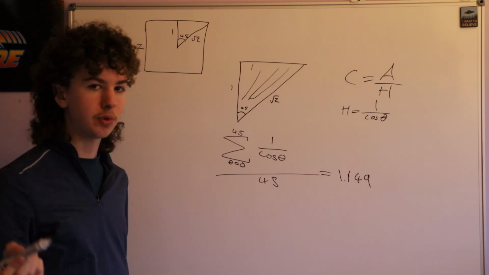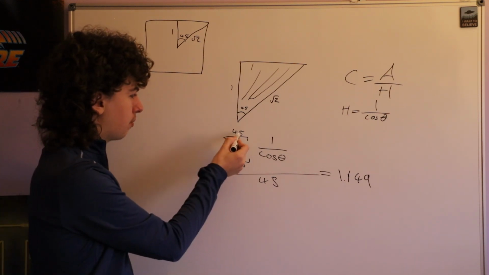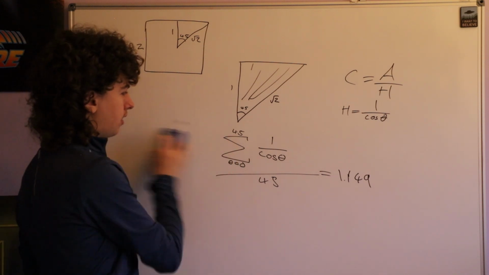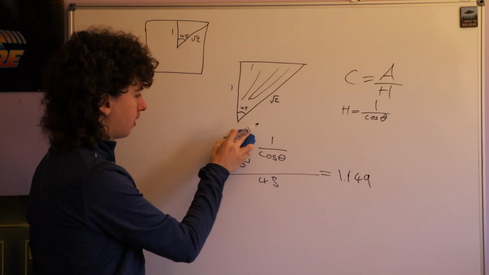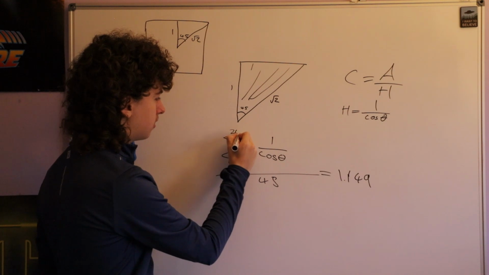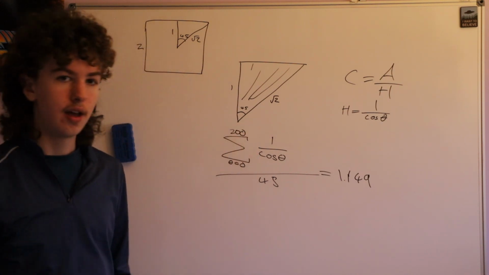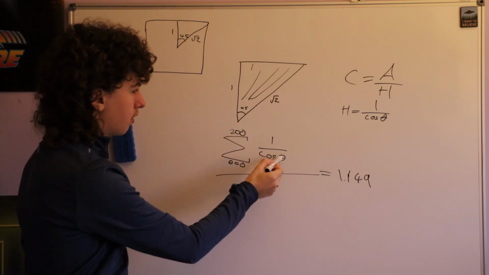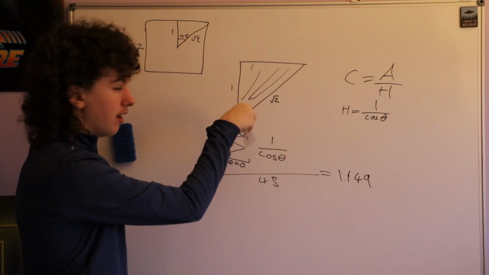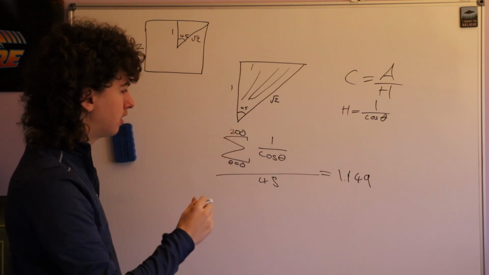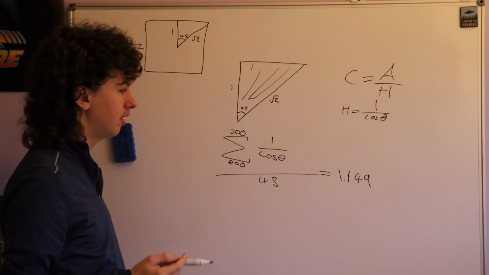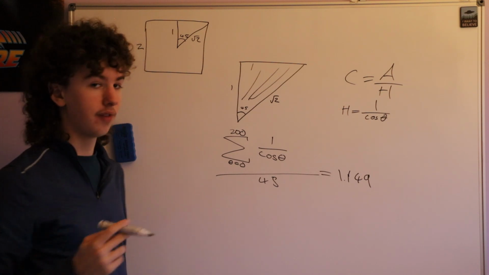But we need to take more samples. So what if we increase this? Well, this is the number of samples we're taking. Let's say that's 200. Well, we're not measuring our theta between 0 and 200 degrees, so we need to express this as a fraction of 45.